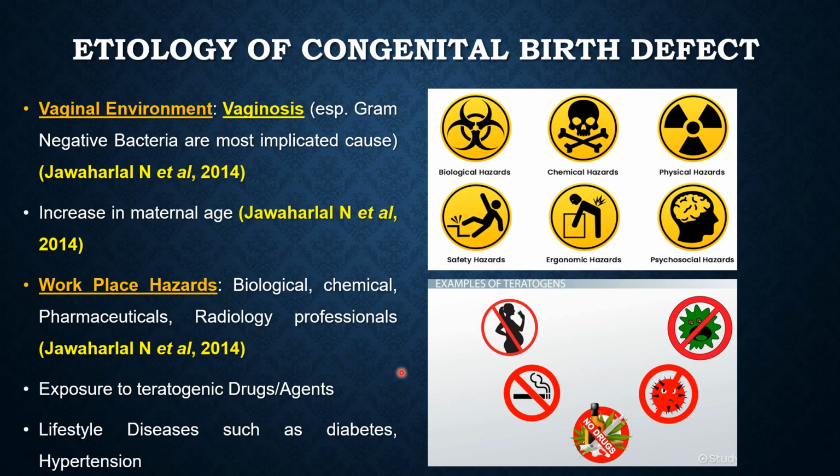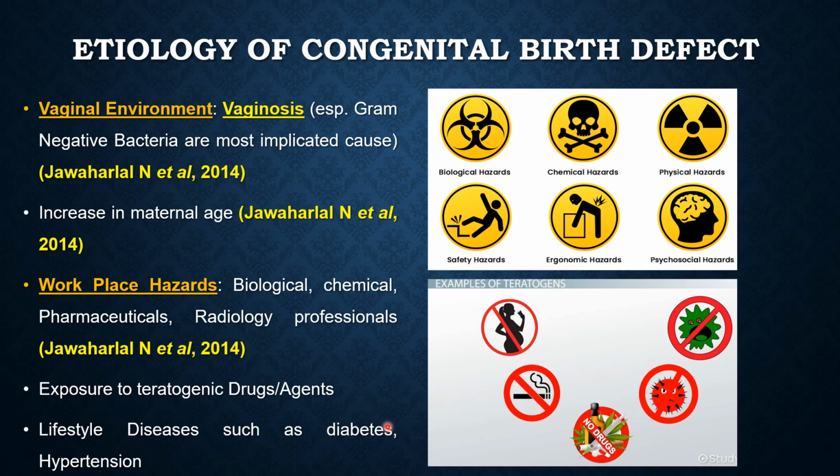Now, exposure to teratogenic drugs or agents. What are teratogenic drugs? Like smoking, drugs like alcohol, various microorganisms or antibiotics. A woman who is more exposed to these kinds of teratogenic agents has the chance of having a baby with congenital birth defect. Now, lifestyle diseases.